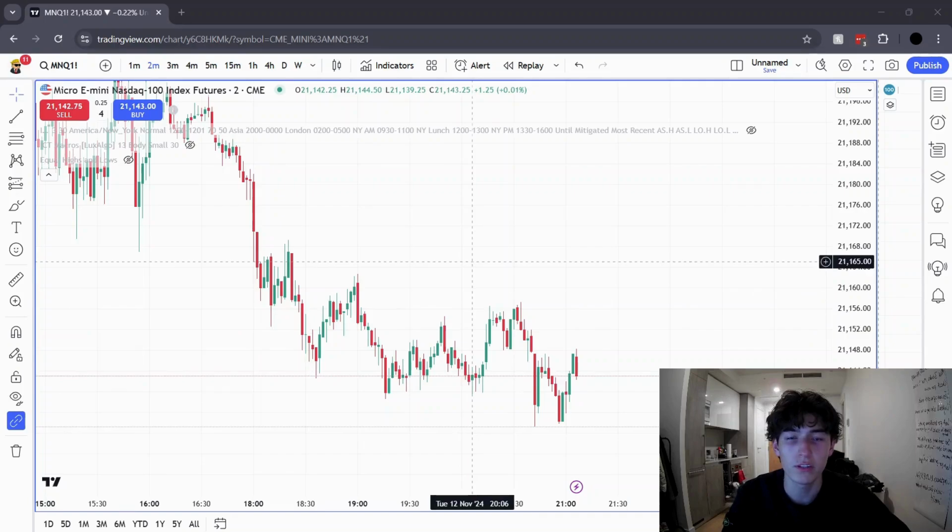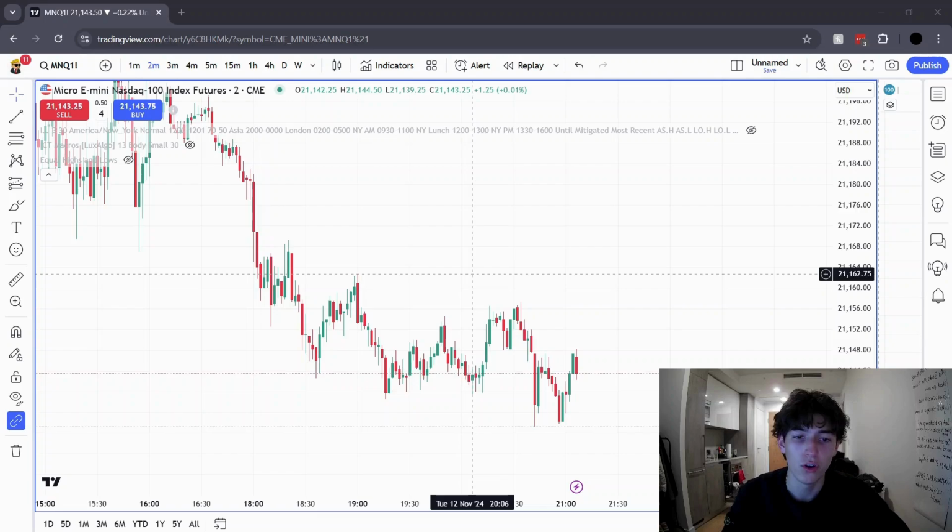All right, what even is liquidity? Liquidity is basically certain points, certain highs and lows in the market where a lot of orders are being held.